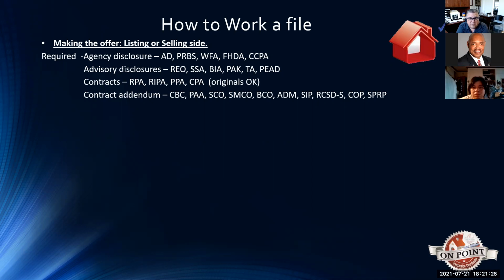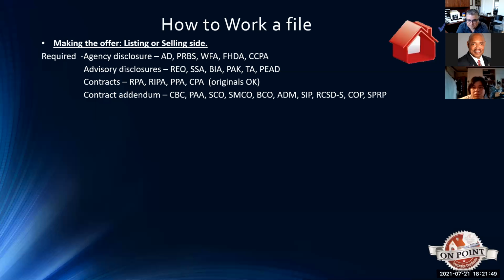And then we have the representative capacity, which is the RCSD. Anytime you're dealing with a person that is the owner of an LLC, a corporation, a trust, that kind of thing, okay, somebody that is representing another organization, you need representative capacity. So that's an addenda to the contract. That's the RCSD.